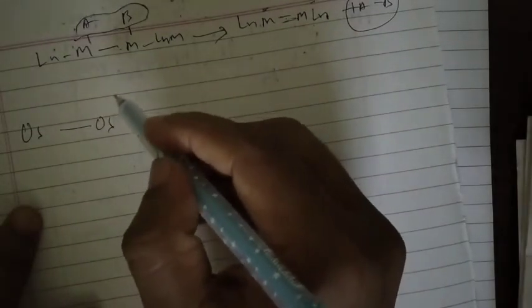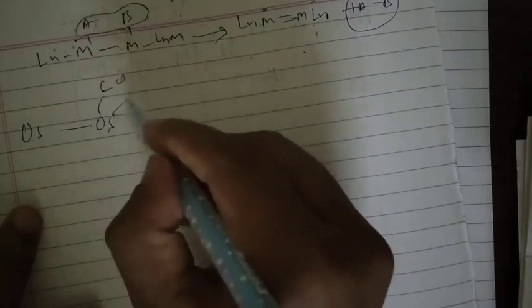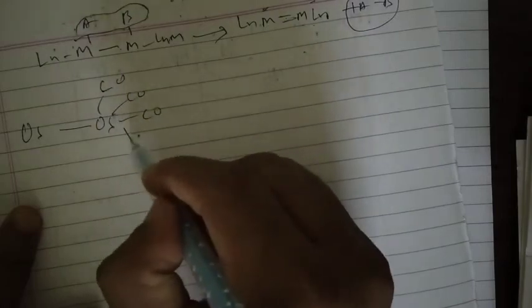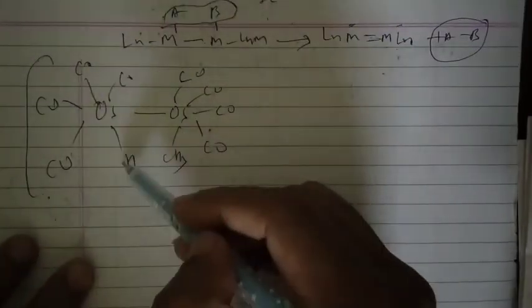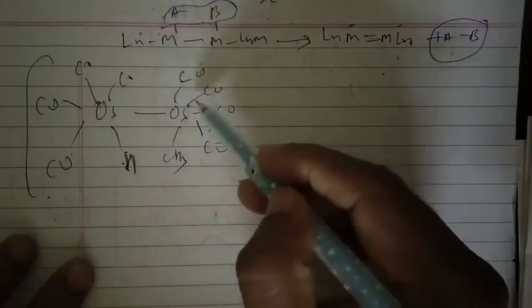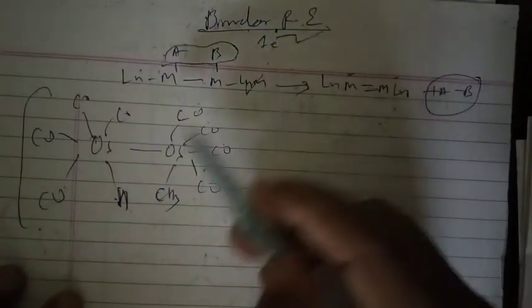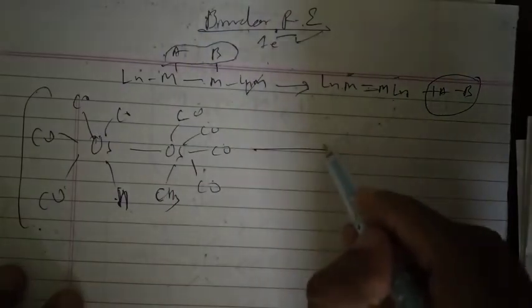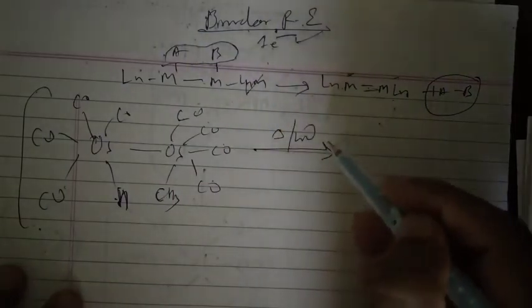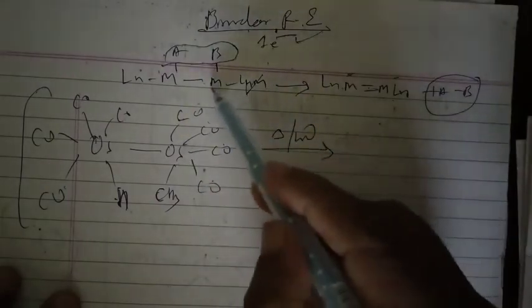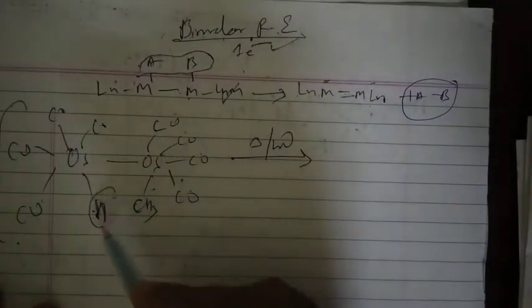So like this, you can take 1 2 3 4 CH3 1 2 3 4. Okay, so this is a compound, osmium, with 1 2 3 4 5, H is here, and here 1 2 3 4 5, CH3 is here. This is a compound like we have taken here for binuclear. Now when you treat this with heat or light, what will happen, as we have shown for binuclear here, this being cis, they get eliminated like this.